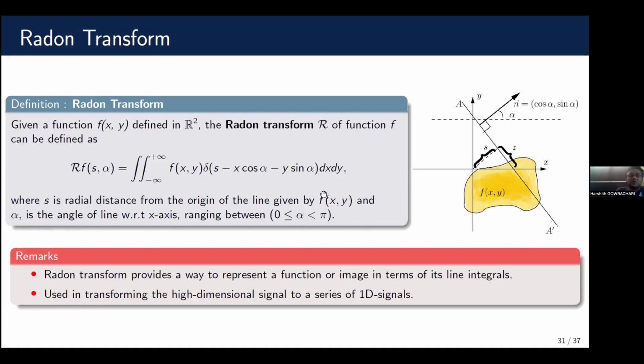These are widely used in image classification, and one of the main usages is transforming your high dimensional signal to a series of 1D signals.